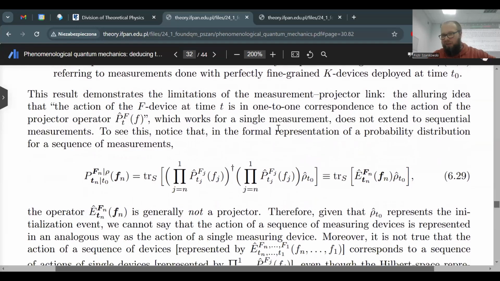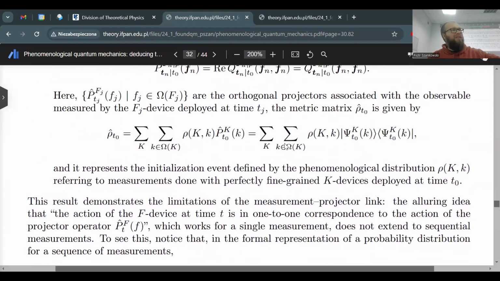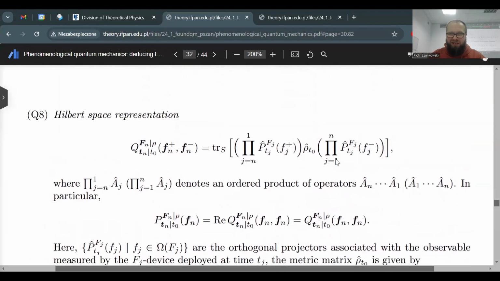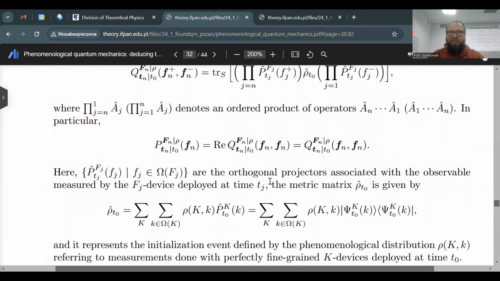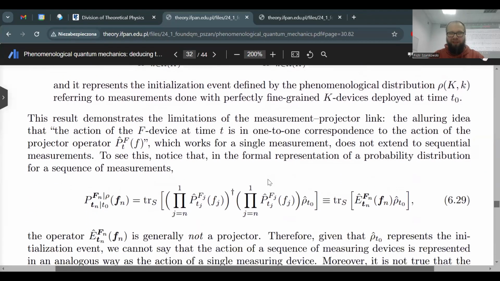And one more observation we can make here. Previously we established the projector-measurement link, seemingly in the context of a single measurement: the deployment of a device corresponds to the action of a projection operator. But this formula already demonstrates the limitations of this picture.